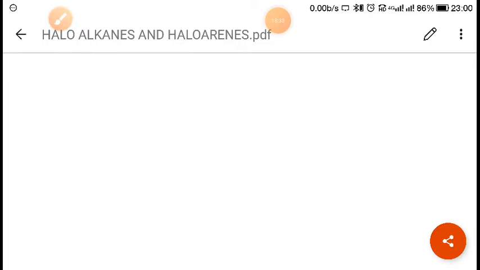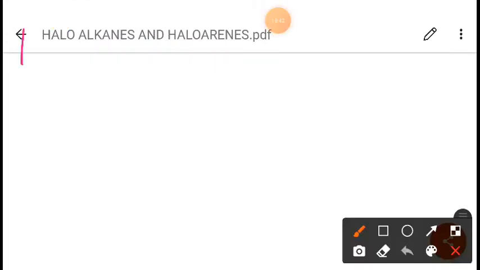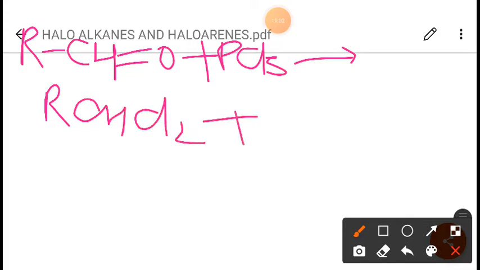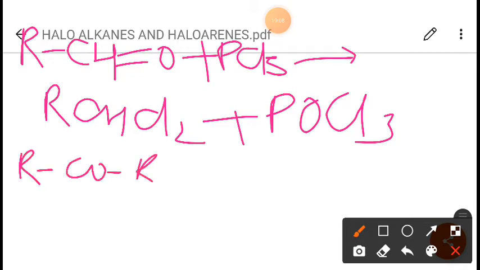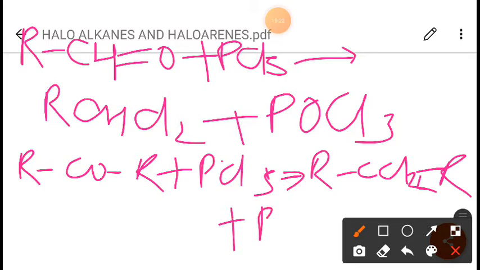I will give you one basic example for that also. Suppose we have RCH=O, and in the presence of PCl5 it will form RCHCl2 plus POCl3. Again, if you take RCOR' in the presence of PCl5, it will form RCCl2R' plus POCl3.